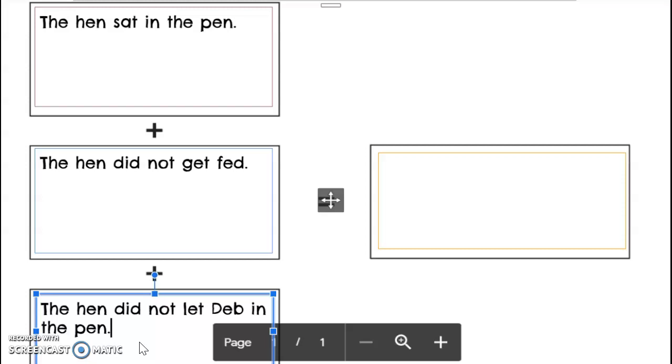So when animals act territorial like that, there's usually something wrong with them, like in this case, where she's about to lay some eggs, and she gets a little bit territorial because she doesn't want anything to happen to her eggs. So in this last box, we're going to answer the question, what is wrong with the hen?